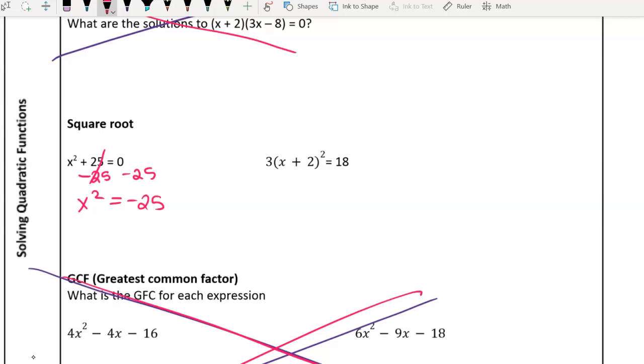Our next step would be to take the square root to get rid of that square, and we would be left with x equals the square root of negative 25. Can we take the square root of a negative number? No, we cannot. So our answer here would be no real solutions.